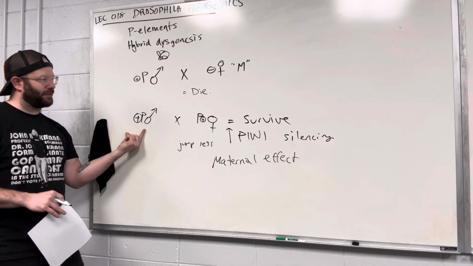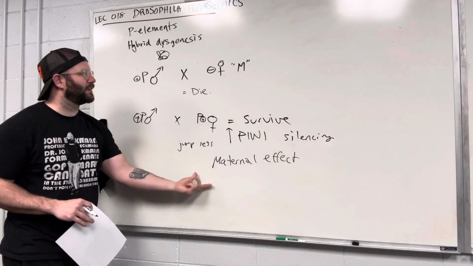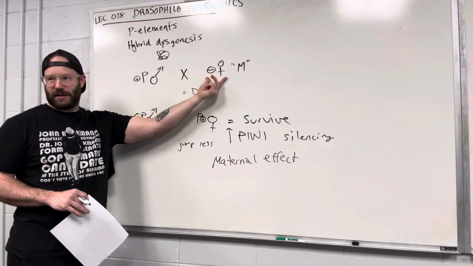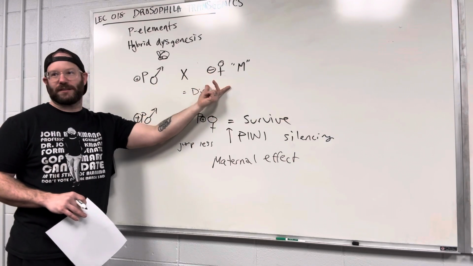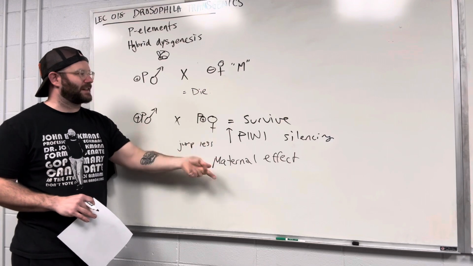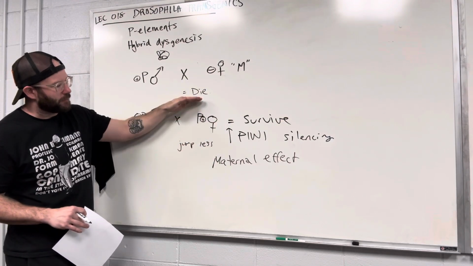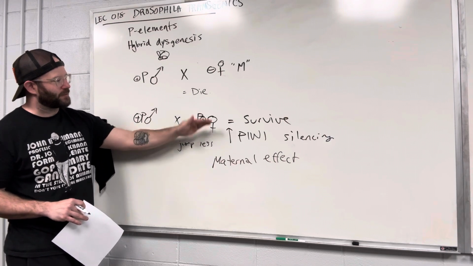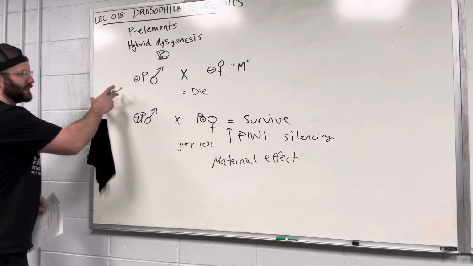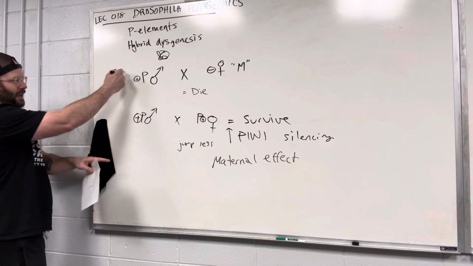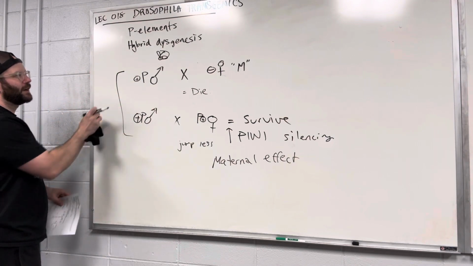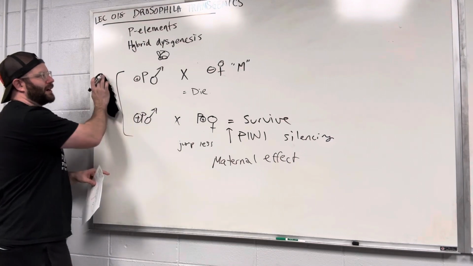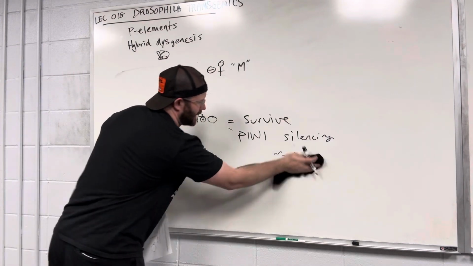So the silencing of the P element is actually a maternal effect, which cannot be conveyed in this situation, because in this situation, she hasn't been exposed to the P elements and she's not expressing the silencing system. So that's actually an example of a maternal effect gene phenotype that comes from the mom and saves the embryo in this case. So this is the case of hybrid dysgenesis. And again, this is the biological case that caused the discovery of P elements.